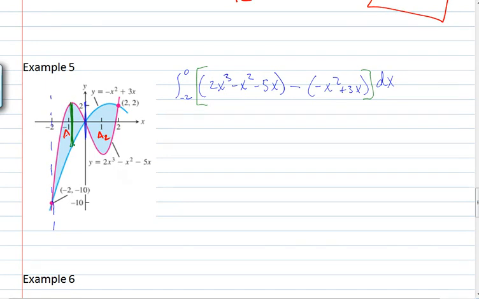Plus, I wrote too big, the integral from 0 to 2 of the opposite. This is going to be negative x squared plus 3x minus 2x cubed minus x squared minus 5x dx.